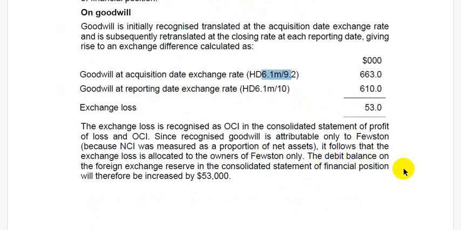So the debit balance on the foreign exchange reserve in the consolidated statement of financial position will therefore increase by $53,000. That's the foreign exchange reserve.